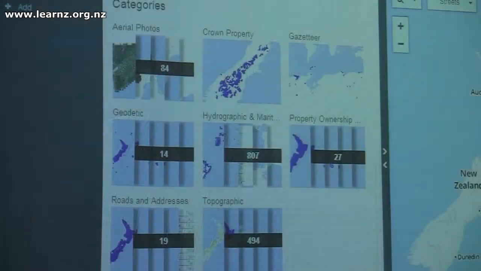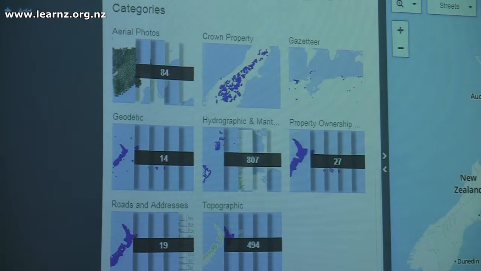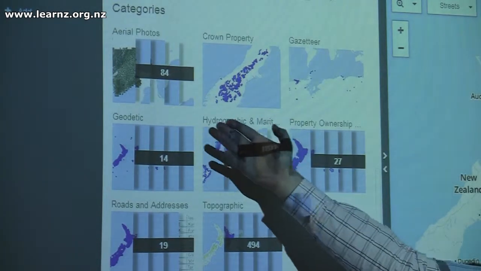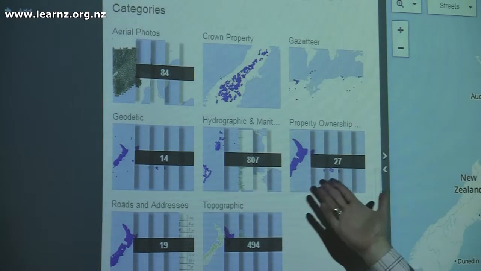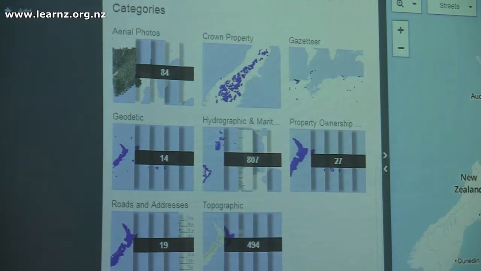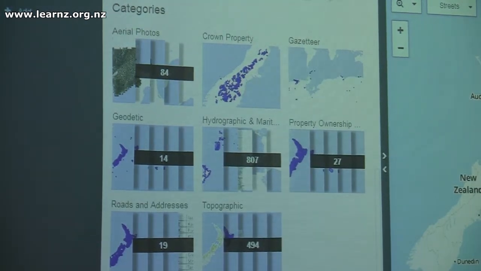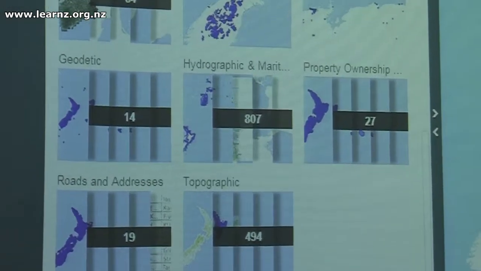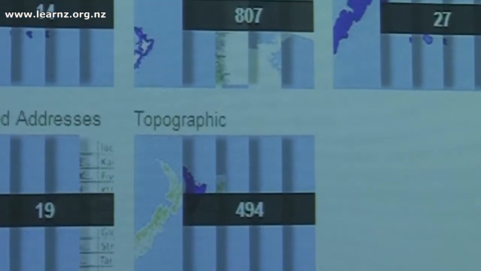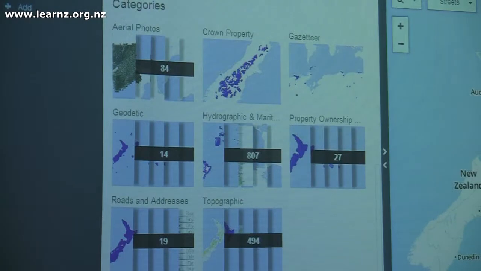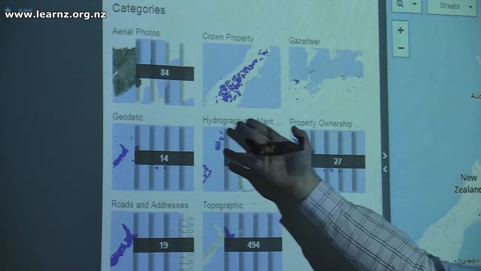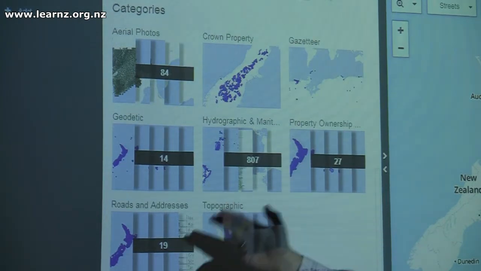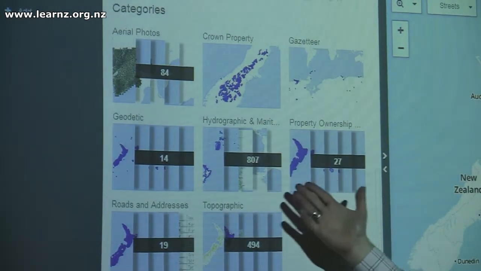So I'll just show up here the LINZ data service. The LINZ data service holds aerial imagery for all over New Zealand. It also holds all the other LINZ data that we make available, and that's pretty much all of it. And so you've got the likes of the topographic maps that we showed before and the data on them, the roading information, the property boundaries, all available, and the hydrographic charts, etc. And also the geodetic.